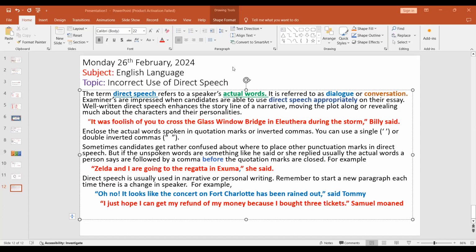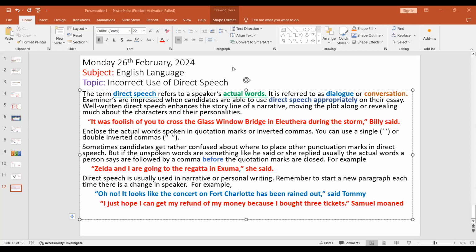If it's a continuation of what the person is saying, you put a comma. But if it's another thing that the person is saying, then you put a period. That's just how to have it flow, all right?